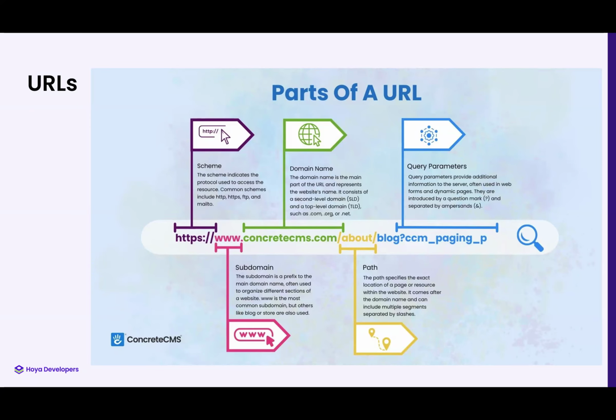The subdomain is not super important. What is important is the actual domain name, which is comprised of the domain, which in this case is concrete CMS, and then the top level domain, which is the .com.